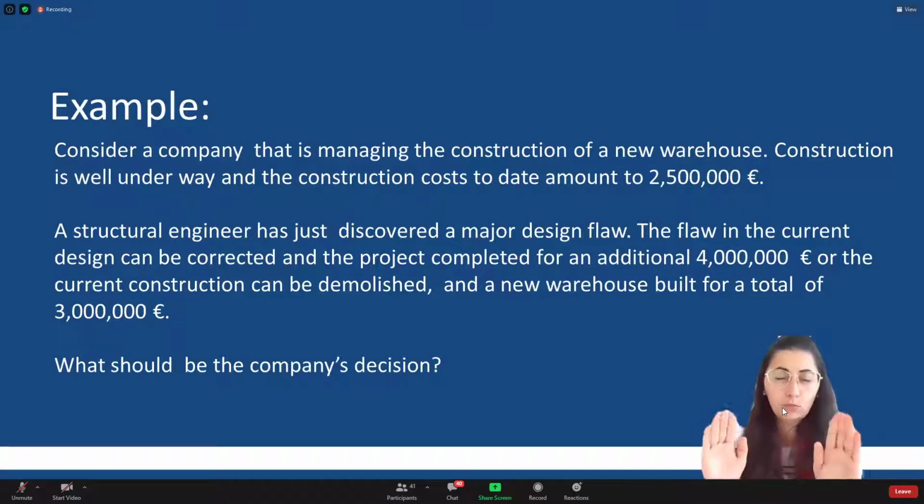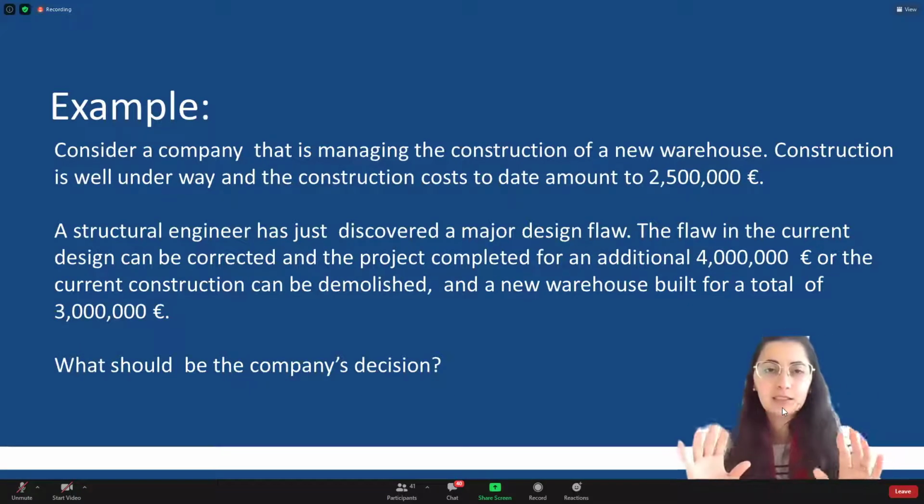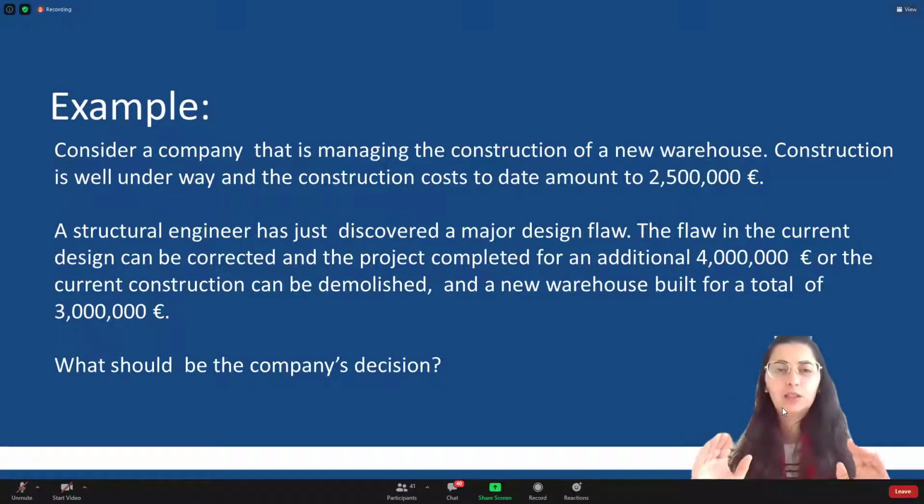So we have these two options, and the decision is to choose between one option or the other. One option of correcting the problem costs 4 million, and the option of demolishing and building a new warehouse will cost 3 million. So which option should the company choose?